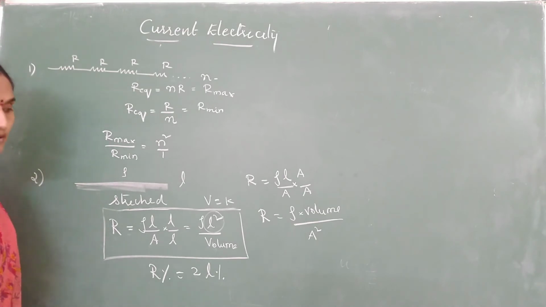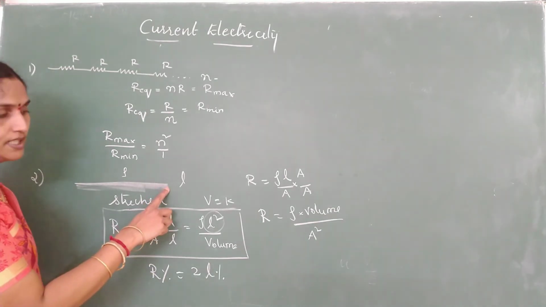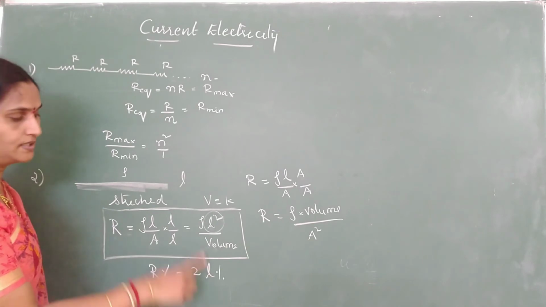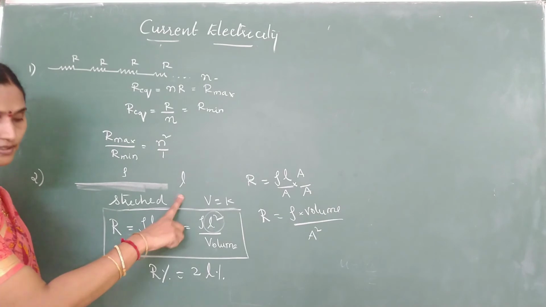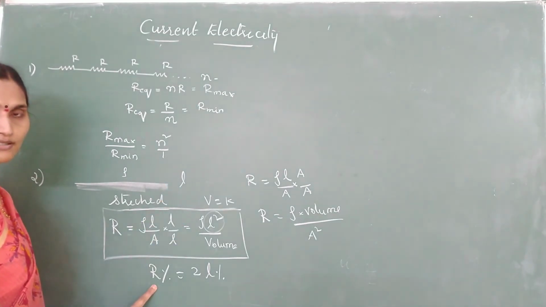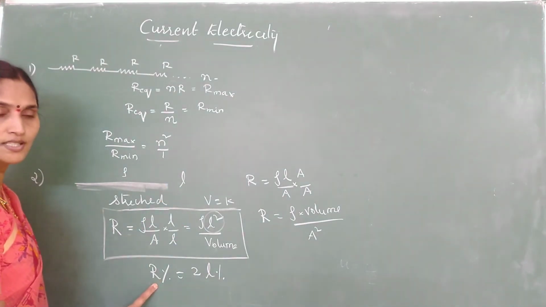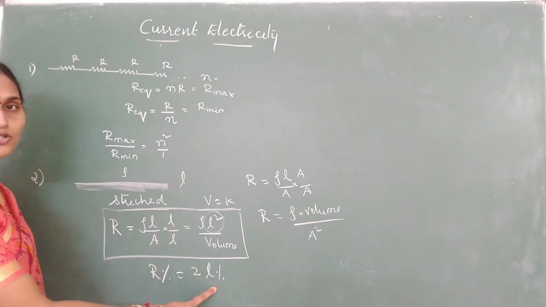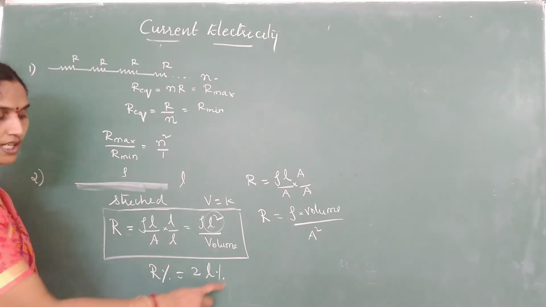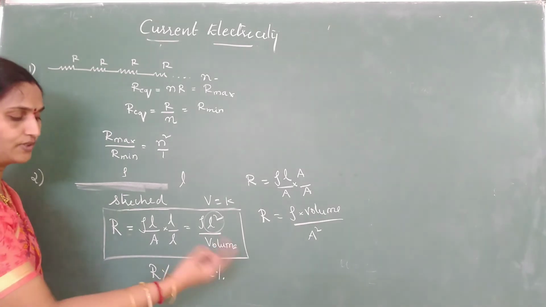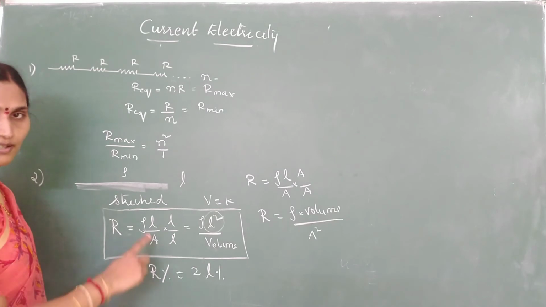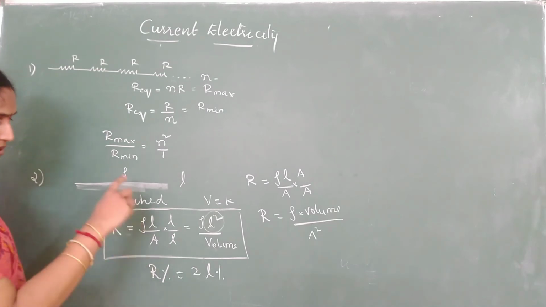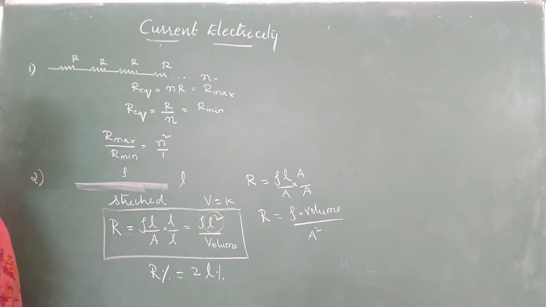Again, I am repeating the question: if the length of the wire is increased by L percent by stretching, and the percentage change is less than 5%, then the percentage change in resistance is 2 times the percentage change in length. If it is more than 5%, find out initial and final values, and then find the change and then the percentage. So these are some simple questions related to resistors in series and parallel.